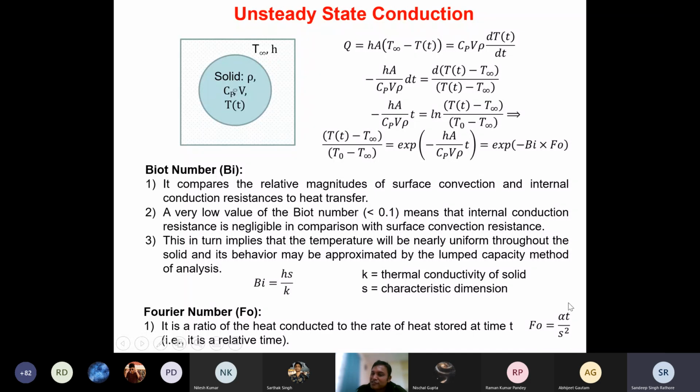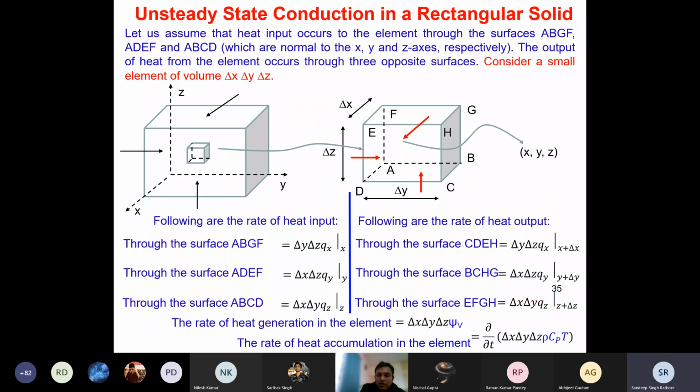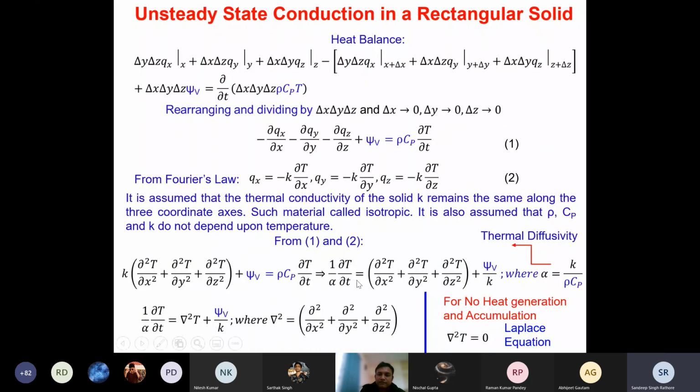So alpha t by S square gives you the non-dimensionalized value, and this is called a Fourier number. I am giving you a perspective. It is a relative time, and you can derive it directly from this equation. Just rearrange this equation in a non-dimensionalized form and you will get that term.